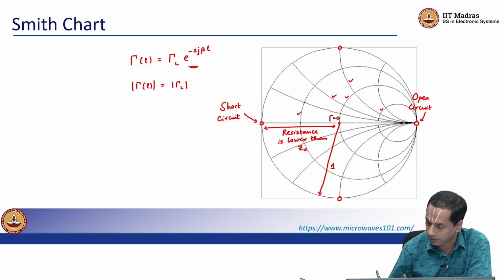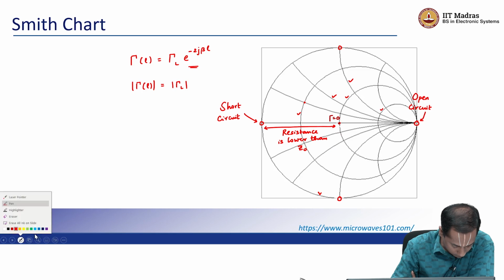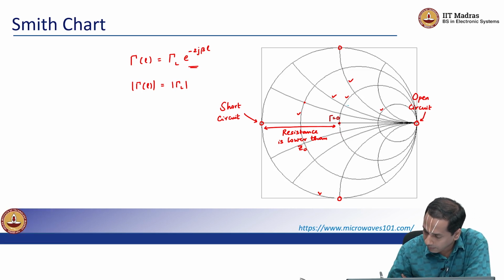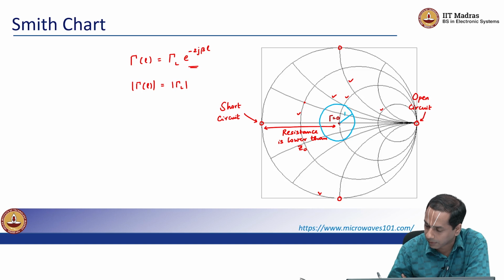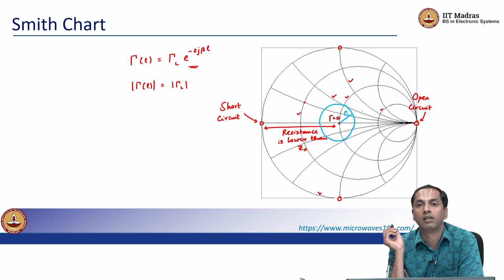So for positive L direction, let's say I have a load of some r plus jx, and this is say some gamma L, right.